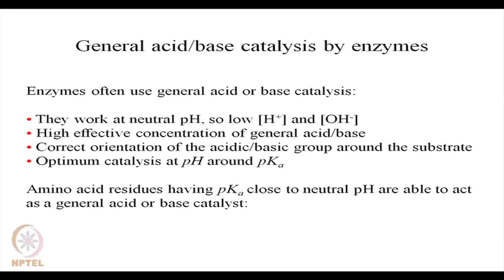And optimum catalysis occurs at pH around pK. Since we are around pK, catalysis will be optimum. That is, if the pH of your medium is very close to the pK of the acidic or basic group, then it will be the optimized condition for catalysis to take place.